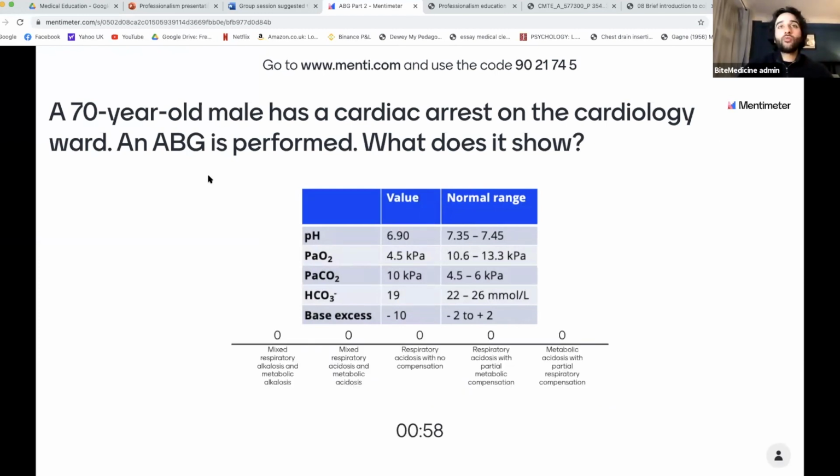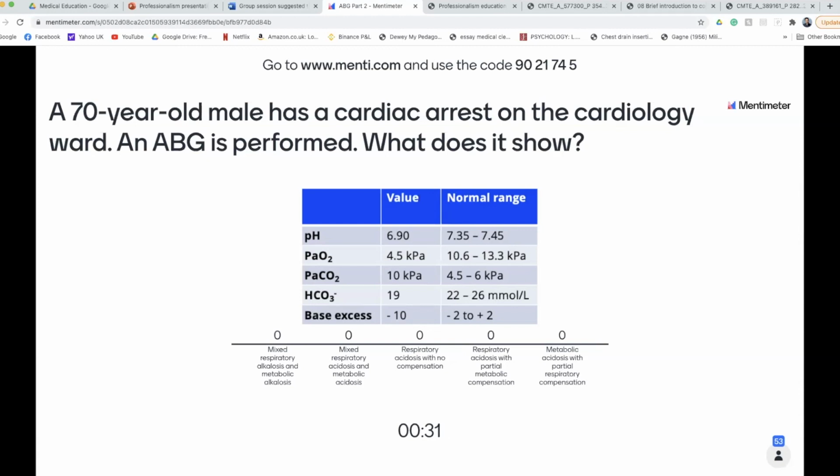We don't encourage anyone to rush looking at their ABGs, but it's all about accuracy and speed in this case as well. Ten seconds remaining.